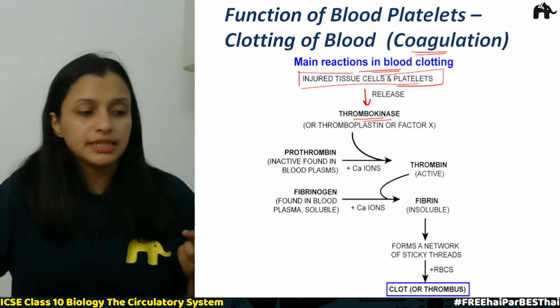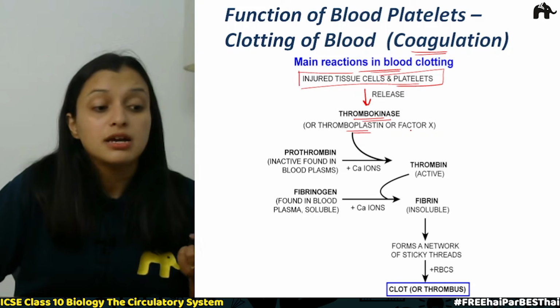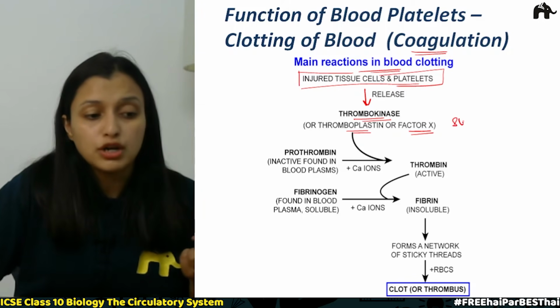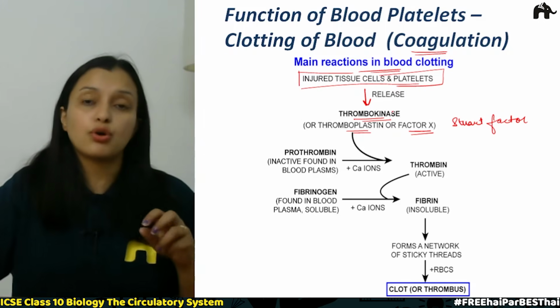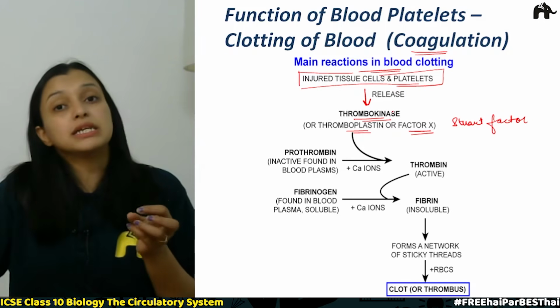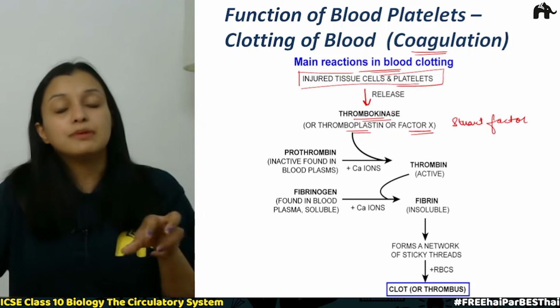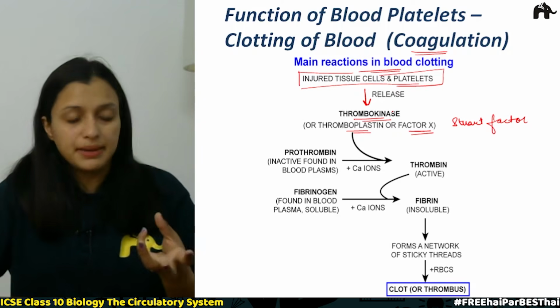It has other names also: thromboplastin, factor X, or Stewart factor. These are the different names given to thrombokinase. Thrombokinase is basically an enzyme which helps in clotting, released by platelets.